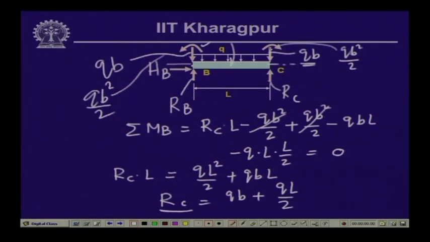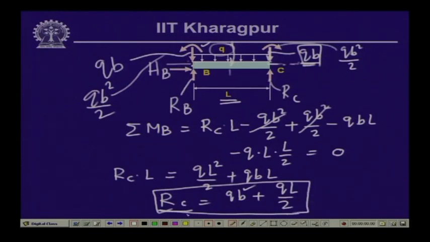The force q b, which is the effect from the overhang, gets transmitted directly to this support, and over a length of L we have uniformly distributed load q per unit length. So, the total load is q times L, and this being symmetric, half the load goes here, half the load comes here, which is q L by 2. So, we get the reactive force as q b plus q L by 2.